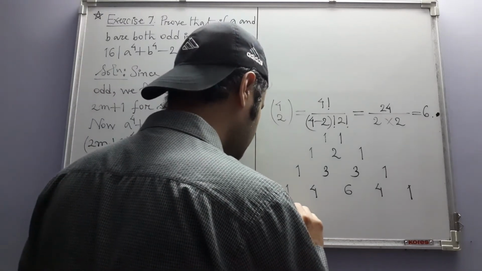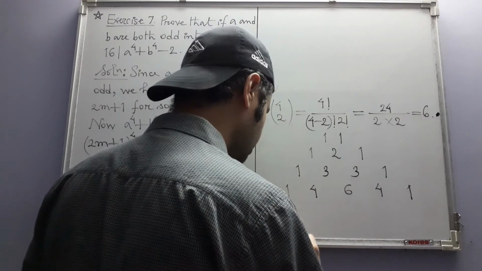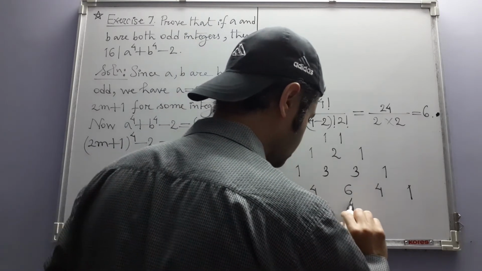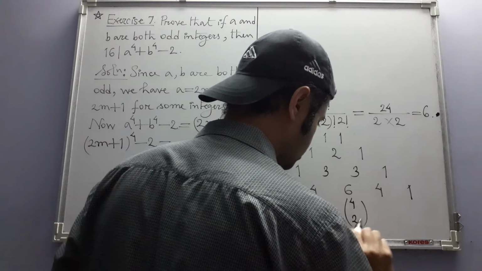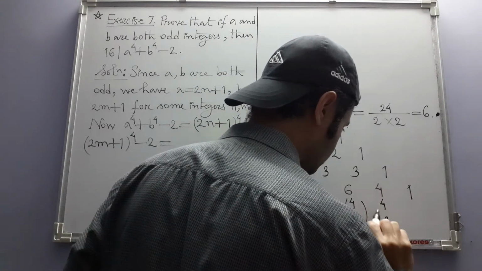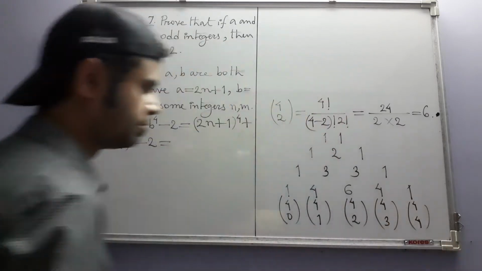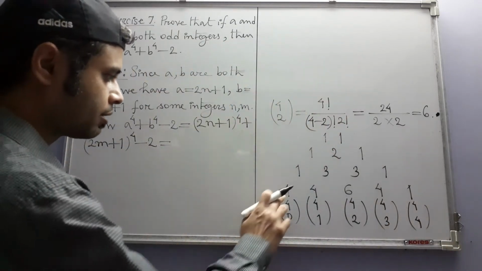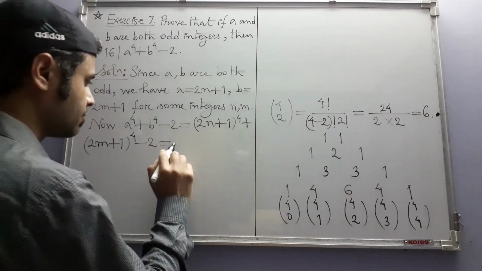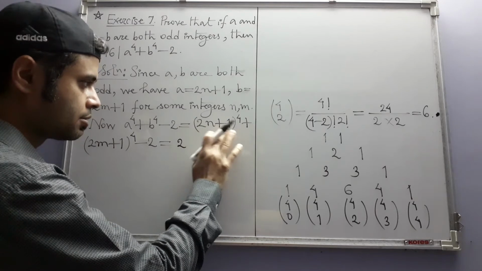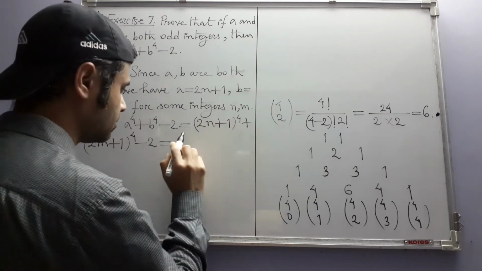This is your 4 choose 0, this is your 4 choose 1, 4 choose 2, 3 and 4. So we can now directly use these numbers along with the proper powers of 2n and 1.